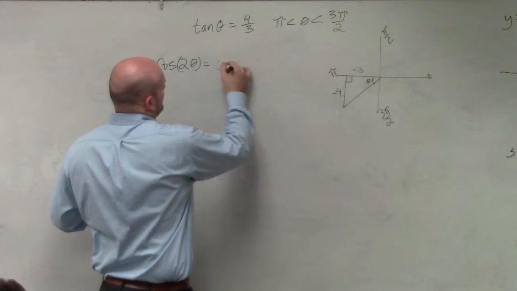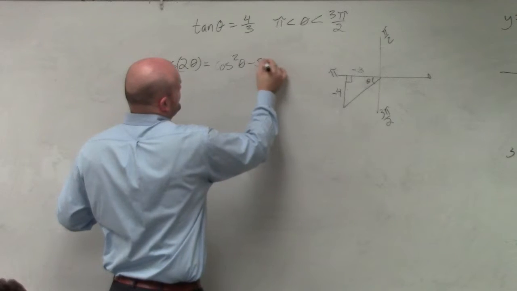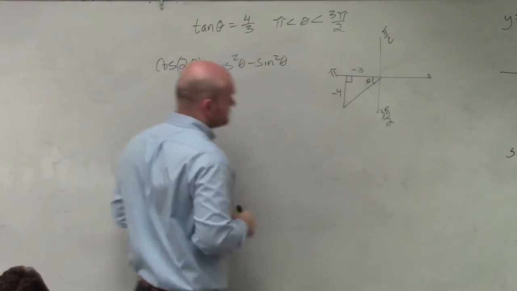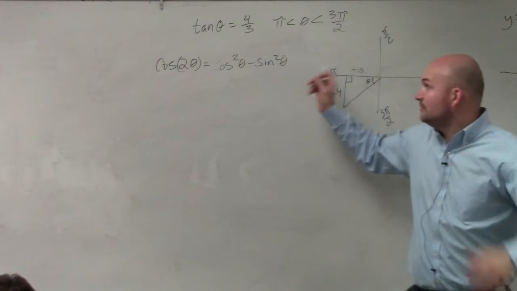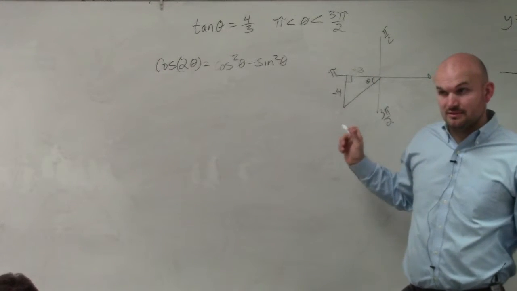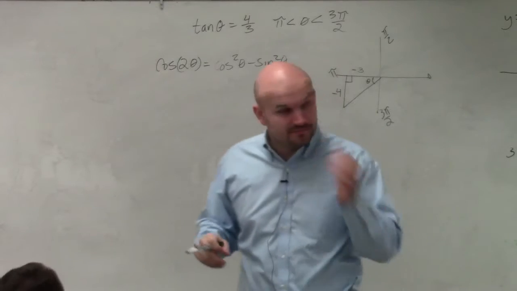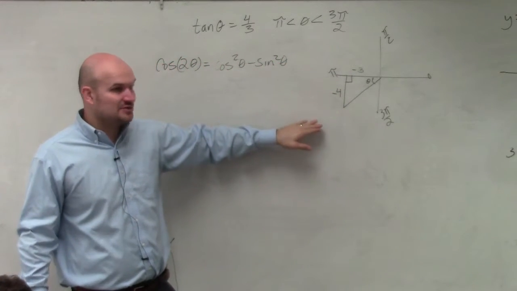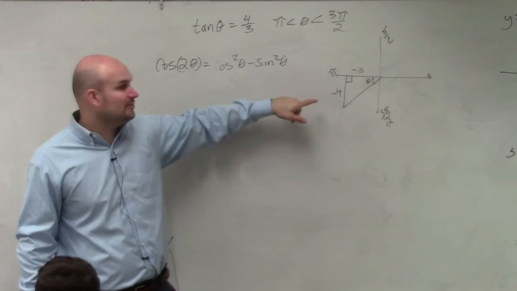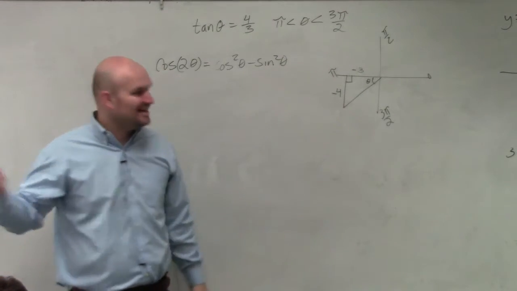So therefore, that's cosine squared of theta minus sine squared of theta. Now, to evaluate the sine and the cosine of this angle, we need to figure out the hypotenuse, right? So we could use the Pythagorean theorem, -4 squared plus 3 squared. Or if we remember from geometry class, we know that this is a Pythagorean triple where the hypotenuse is 5.